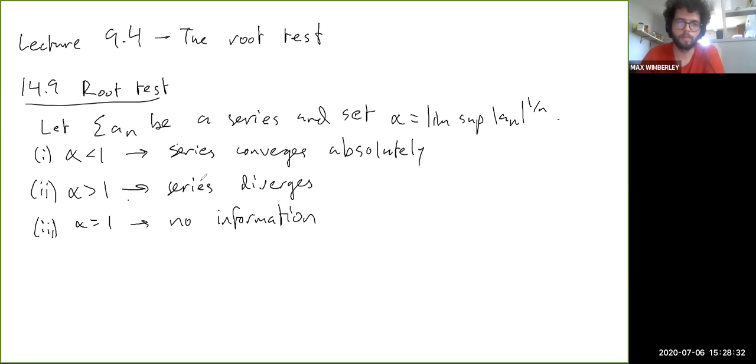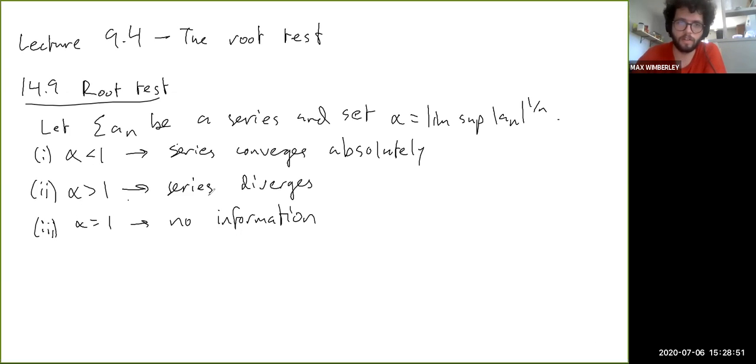And similarly, if the base is bigger than 1, the series obviously diverges. Like if you sum up 2 to the n, you're going to get infinity pretty obviously, right? And then this third case is a little bit more subtle, and we'll talk about it once we get there after we prove the first two cases.